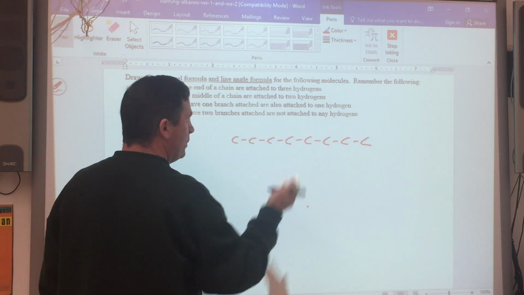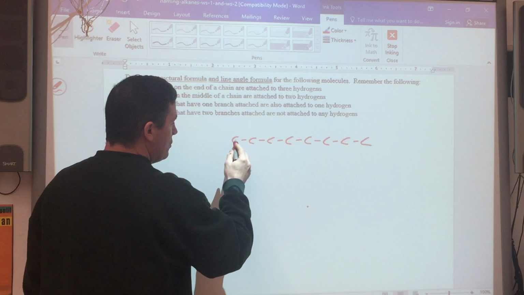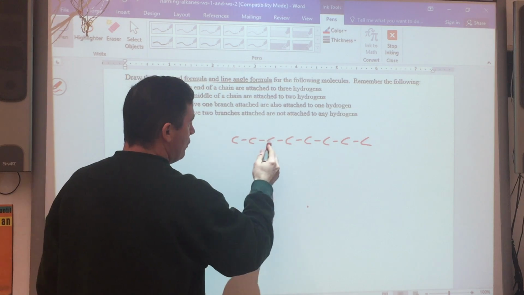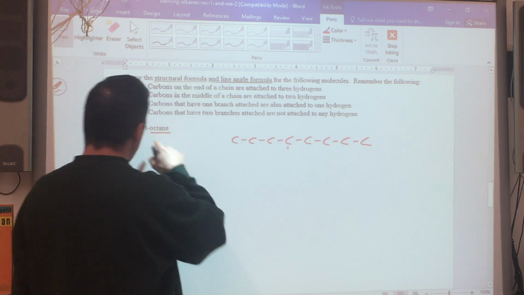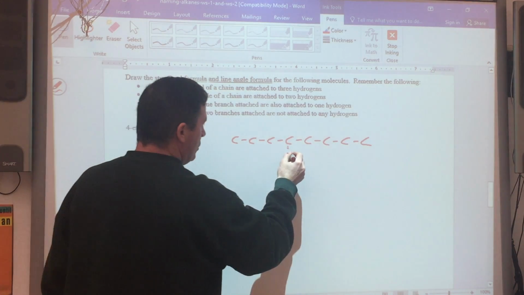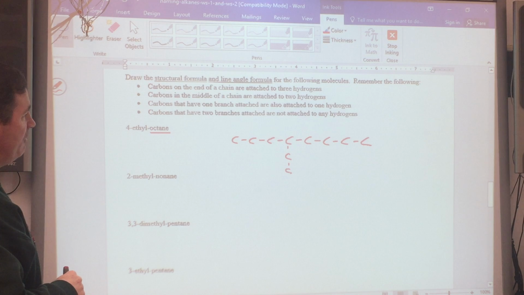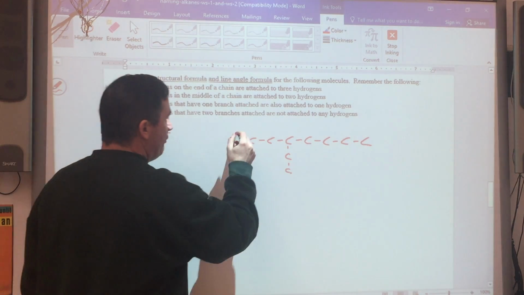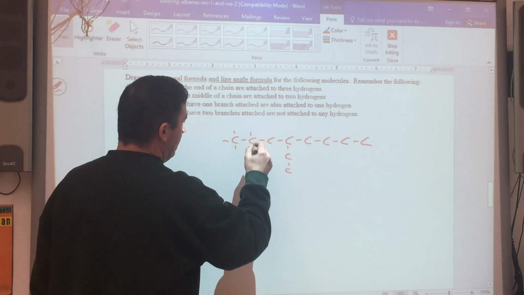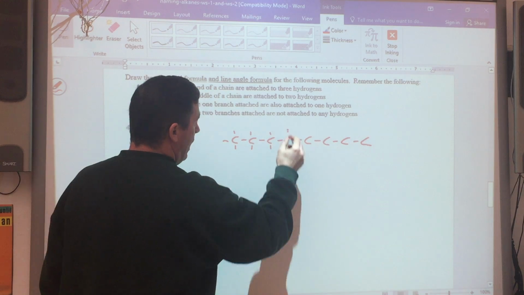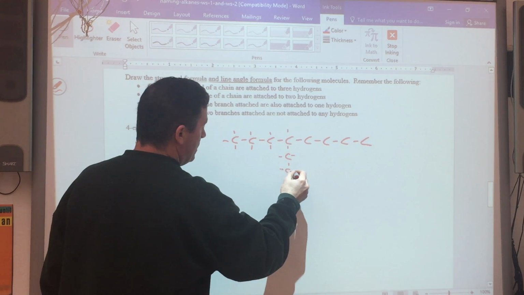If I flipped it over, it would essentially show you the same thing. So I'm going to go from left to right. 1, 2, 3, 4. And then that's ethyl. That's 2 more carbons. There's my 4-ethyloctane. Don't forget to put lines, at least lines, around every one of these carbons.